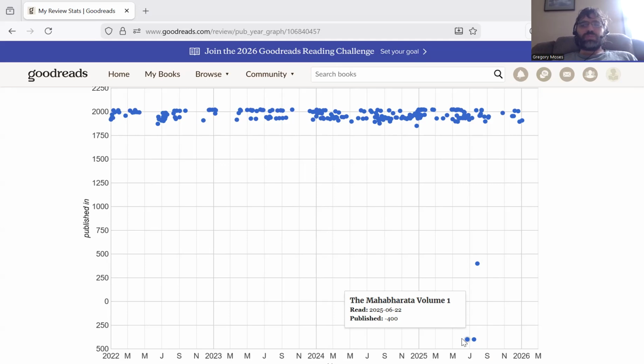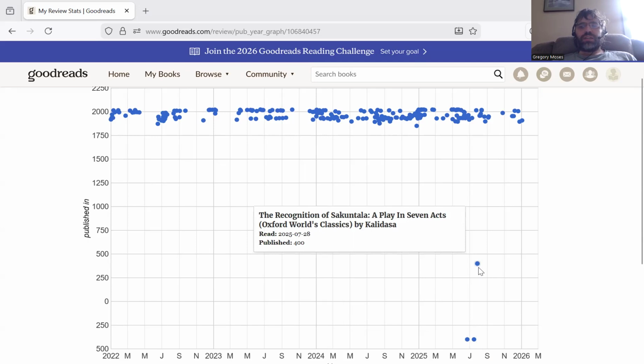Goodreads has put its publication year at 400 AD and is representing that as negative numbers on the y-axis. So we've got negative 400, and then this play at 400 AD.